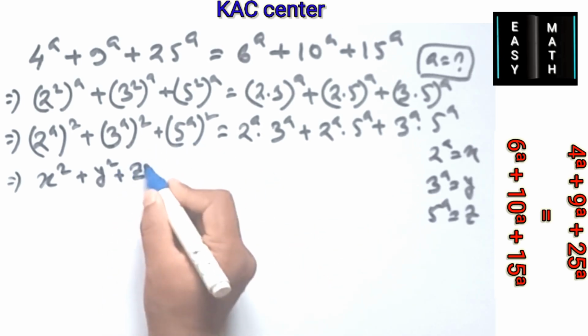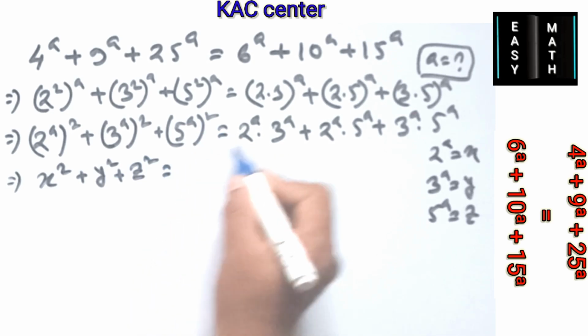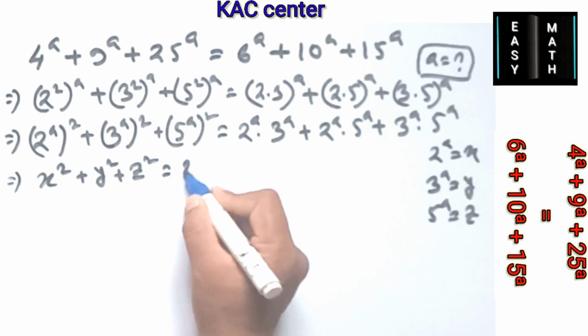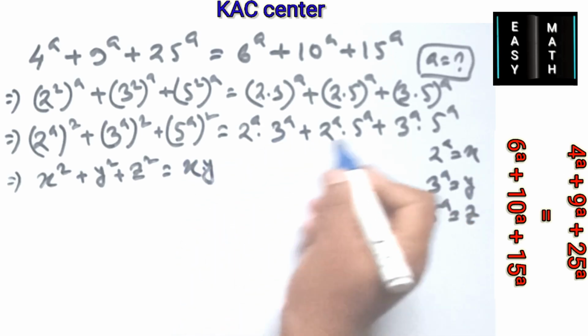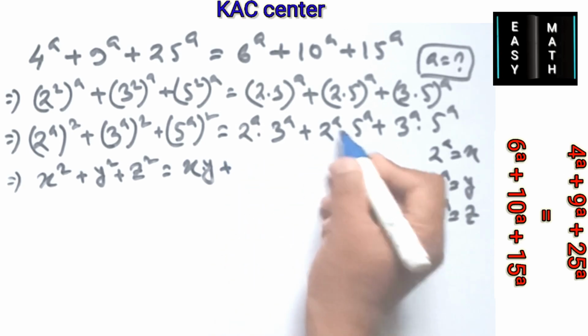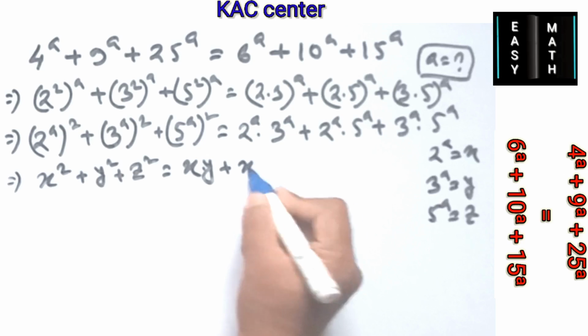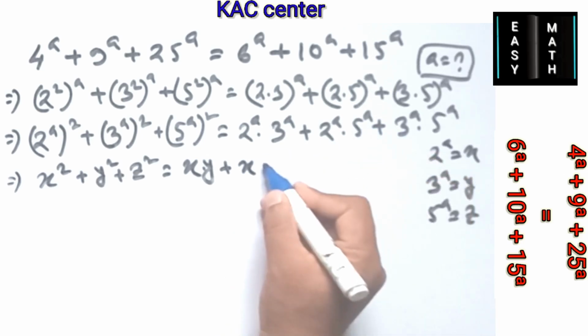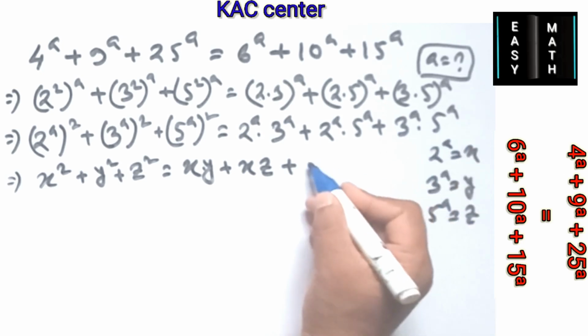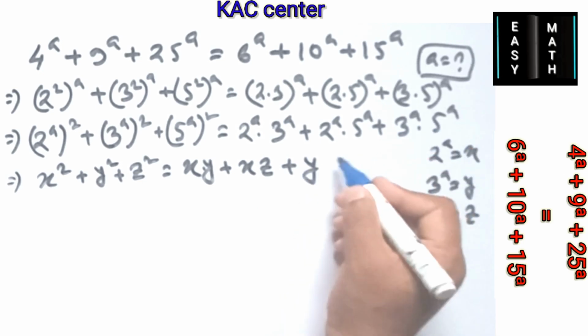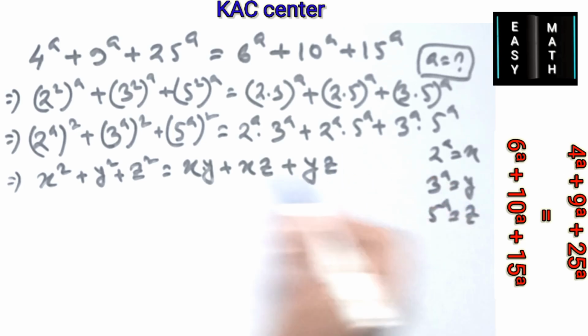And 5 to the power a equal to z, so this is z squared. 2 to the power a is x, 3 to the power a is y, so xy, and xz, and 3 is y and 5 is z, so yz.